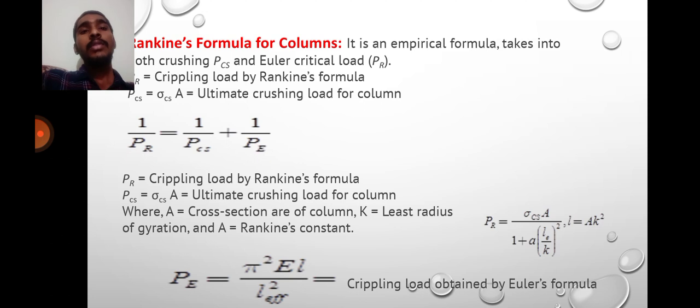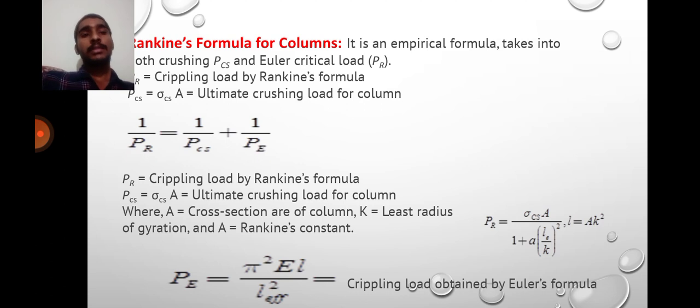Where A is the cross section area of the column, K is the least radius of gyration, and a is Rankine's constant.